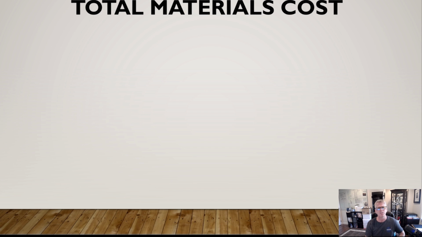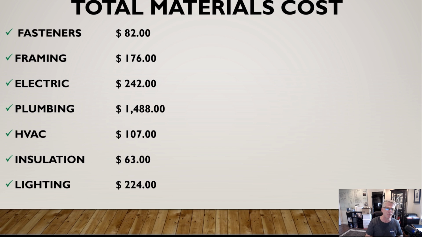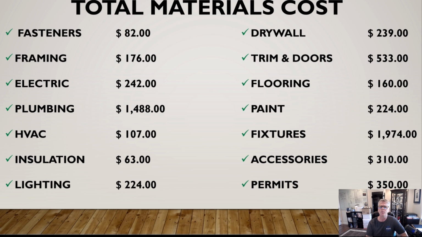All right, so the total material cost. That was everything. I know it was a lot, but that's everything. There's no more. The total cost, let's go down through here, are the fasteners, the framing, the electric, plumbing, HVAC, insulation, lighting, drywall, trim and doors, flooring, paint, fixtures, accessories, and permits. Grand total of all materials for this 5x9 bathroom.